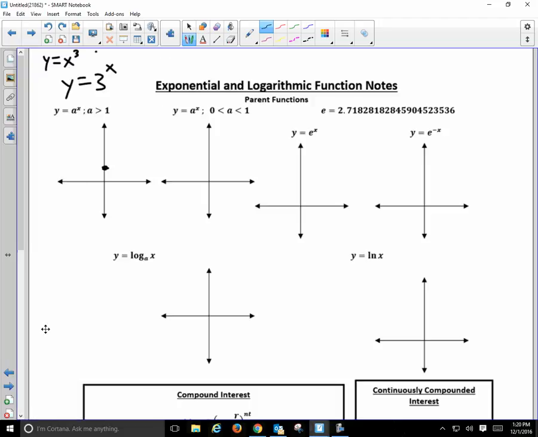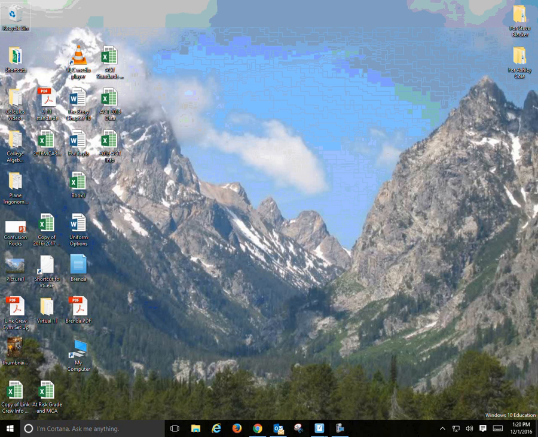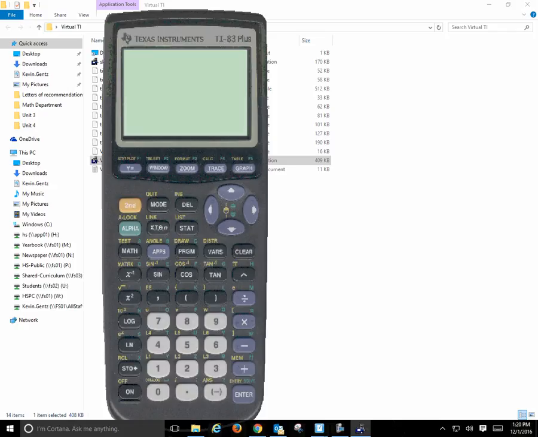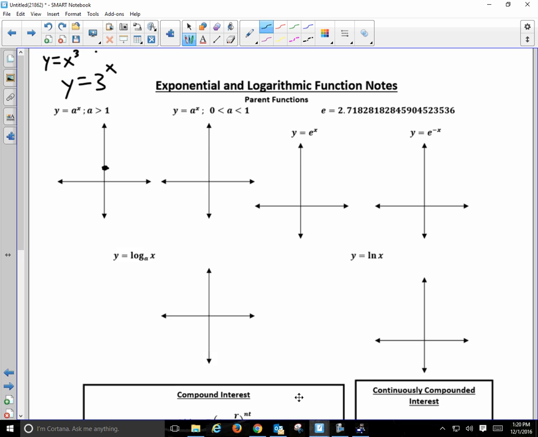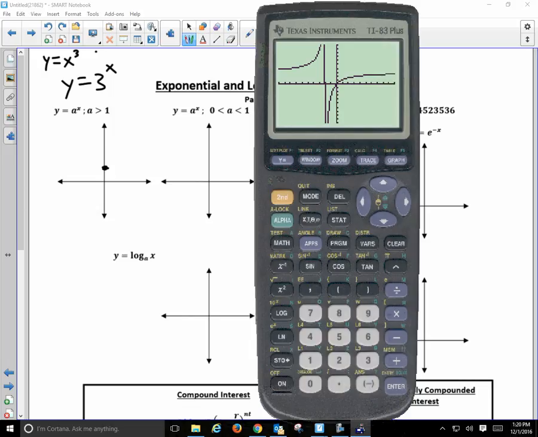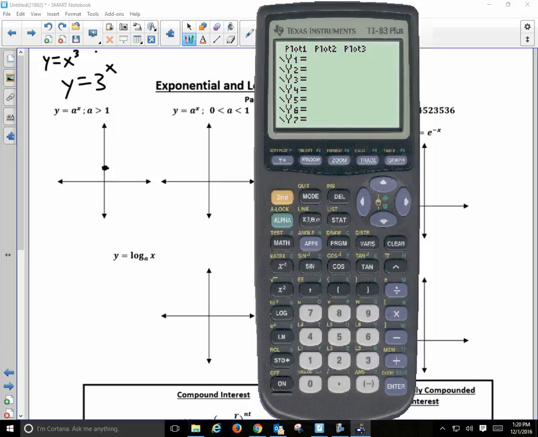As we move forward, we want to understand what this graph looks like. We know it goes through (0, 1), but I'm going to take out my calculator. You can take it out with me if you'd like. I type in 3 to the x, and I'm going to go to my table set.